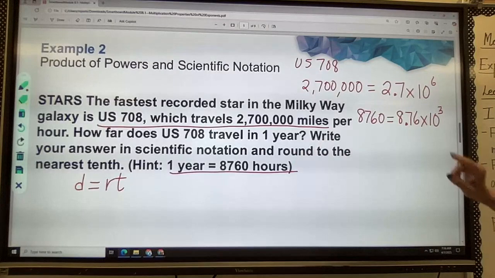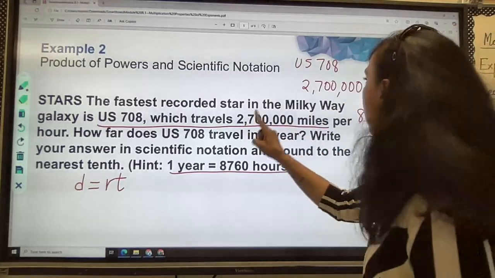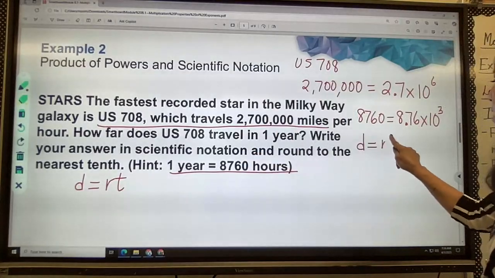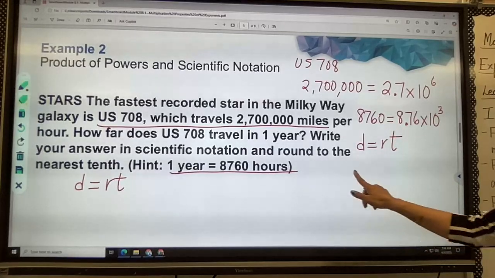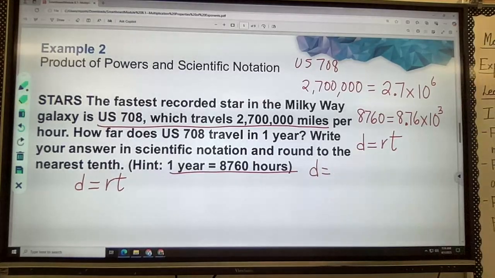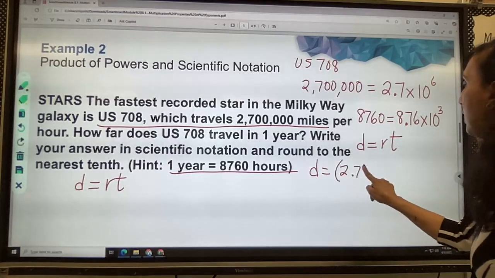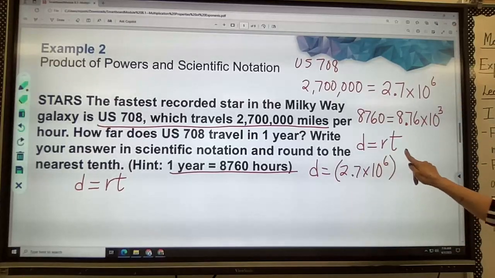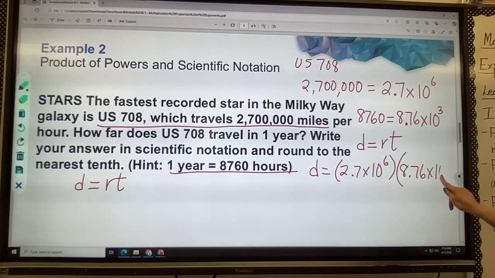Okay, so my distance over here is how much? We are taking these values. Let me go ahead and write it over here. Distance is equal to RT, and so my distance is equal to my rate, 2.7 times 10 to the 6th power, times the time, 8.76 times 10 cubed.